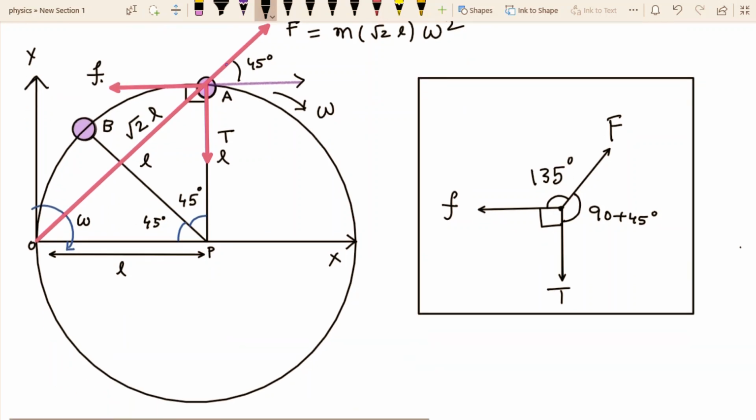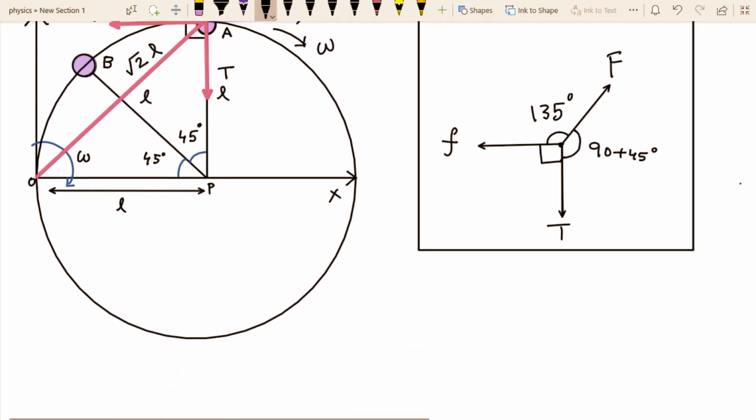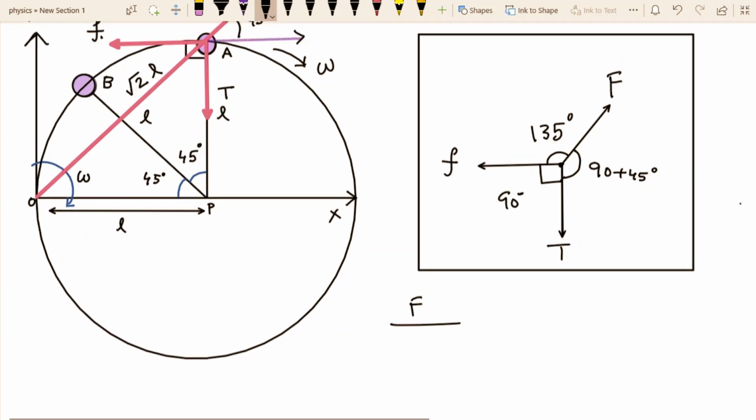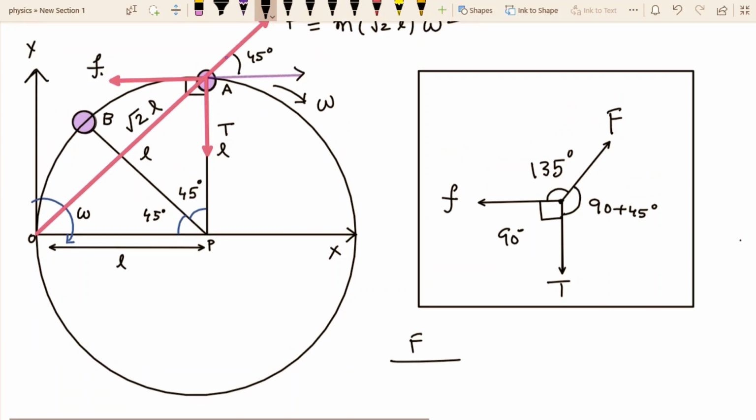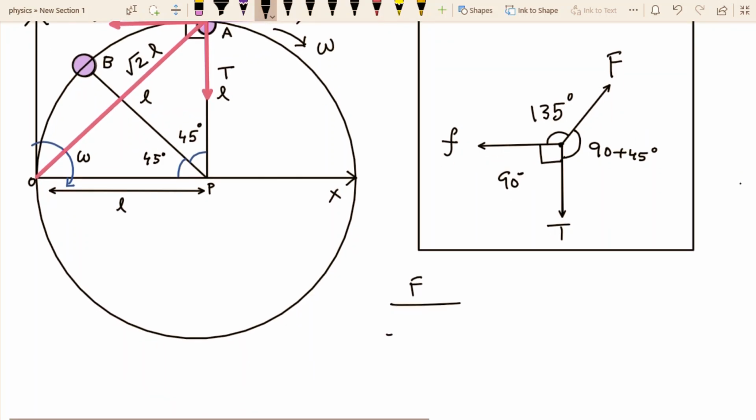So now we can directly apply Lami's theorem, and you can see F divided by sine of this angle, which is 90, the angle between the friction force and the tension. You can clearly see I have noted that angle 90 in the diagram. F divided by sine 90 is equal to the frictional force divided by sine of 90 plus 45.